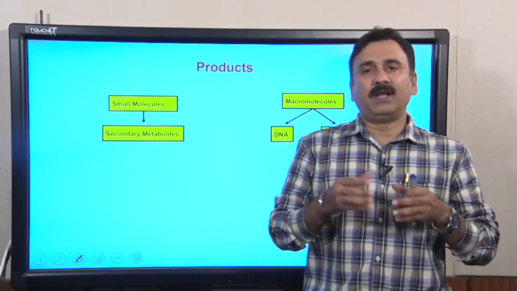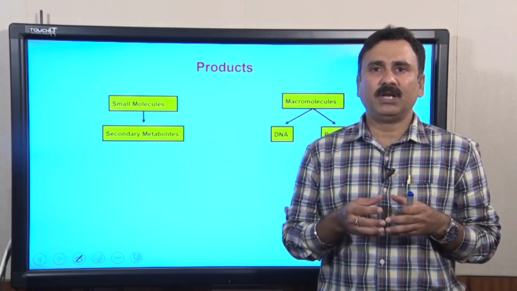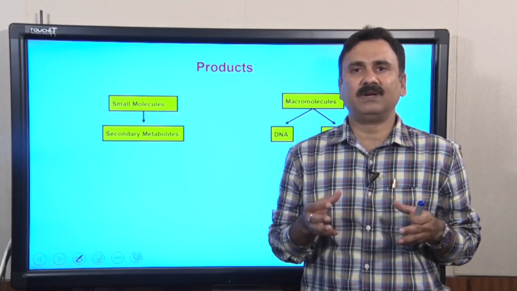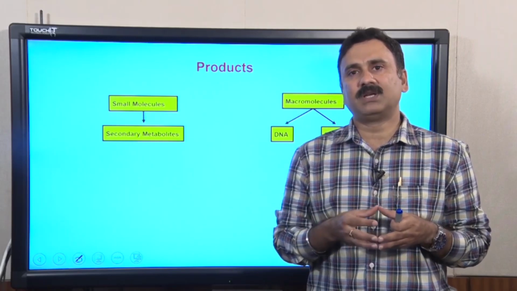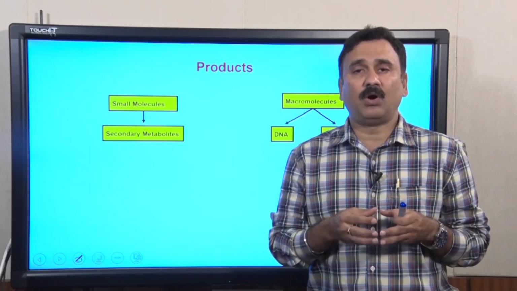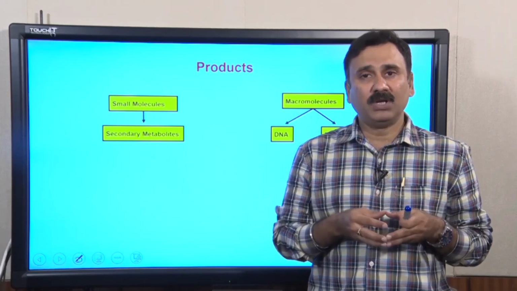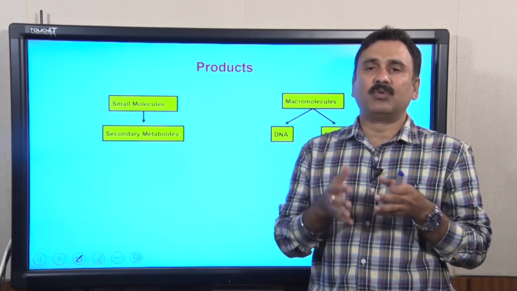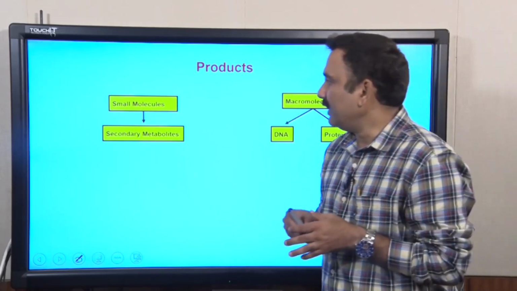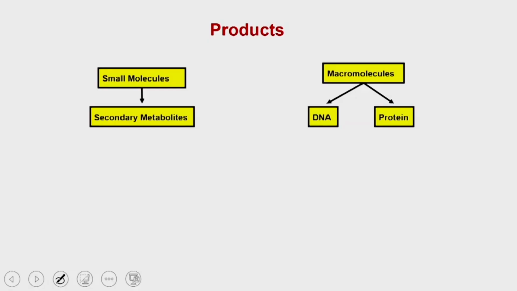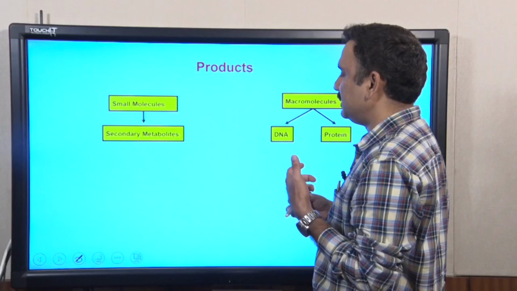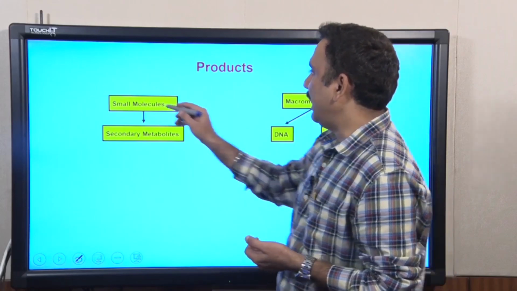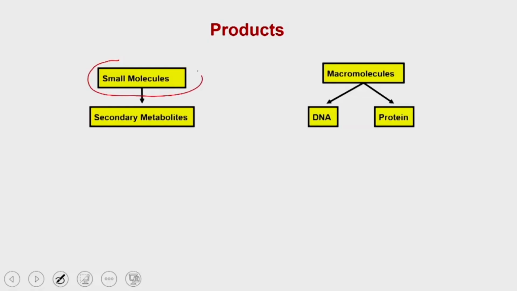As far as the product is concerned, in biotechnology you can have two different types of product: the products which are non-biological in nature, or small molecules, and the products which are biological in nature, such as protein or DNA. When you do this kind of overexpression and purification and employ biotechnology principles, you could have either small molecules or macromolecules.